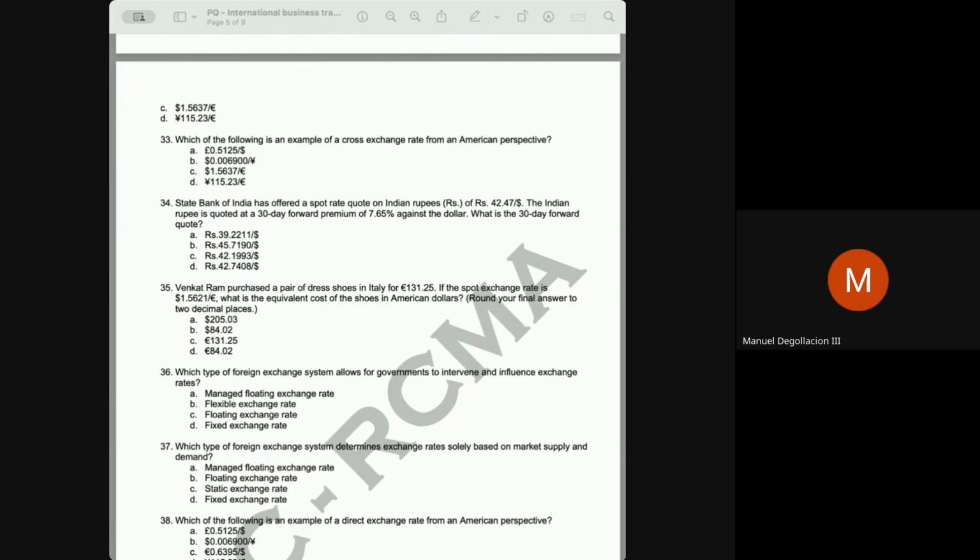That's why we multiply it by 100% plus the equivalent rate. So again, the answer here is 42.7408.